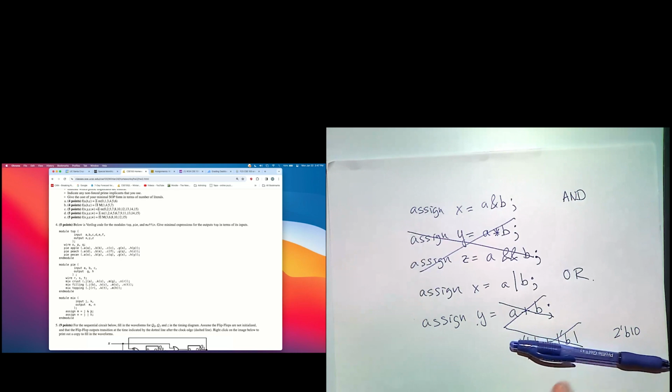So our designs are going to get more and more complicated, and attention to detail will save you a lot of time and a lot of grief. Tracking down those little tiny things that don't work takes a lot of time to figure out. So be very deliberate, careful.